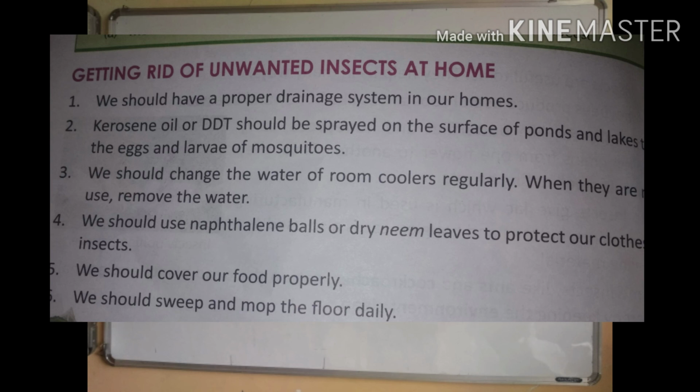We should use naphthalene balls or dry neem leaves to protect our clothes from insects. Cloth moth makes holes in the clothes. So for stopping those insects, we have to use naphthalene balls or dry neem leaves.